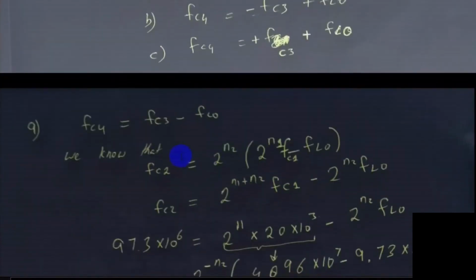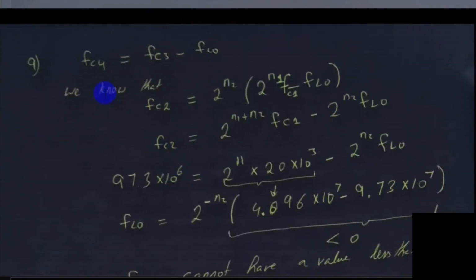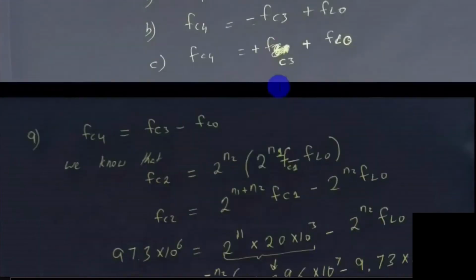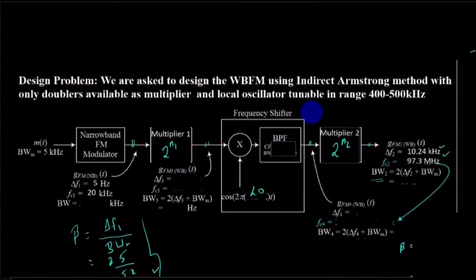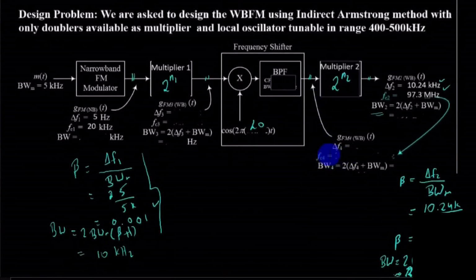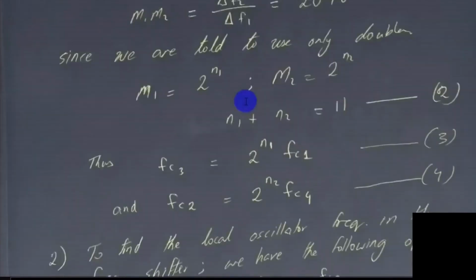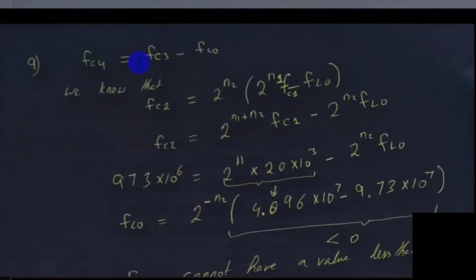The first one is FC4 equal to FC3 minus FLO. So FC4, which is over here, is equal to FC3 minus FLO.